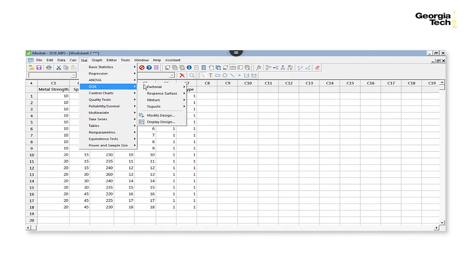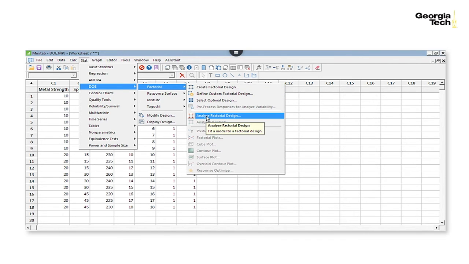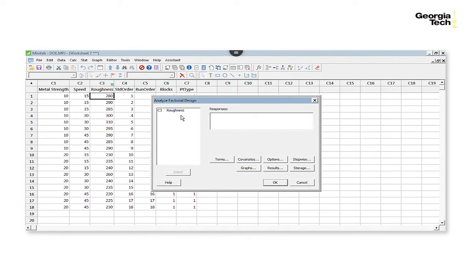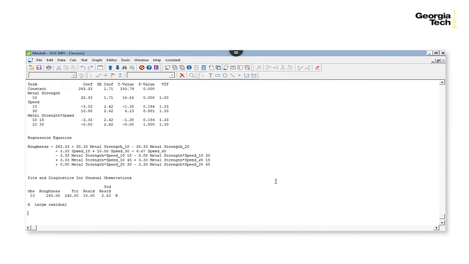What should we do? We need to analyze it. We go to Analyze Factorial Design. Roughness is the variable we are interested in, the response variable. The terms are A, B, and AB, which is the interaction, and we push OK.